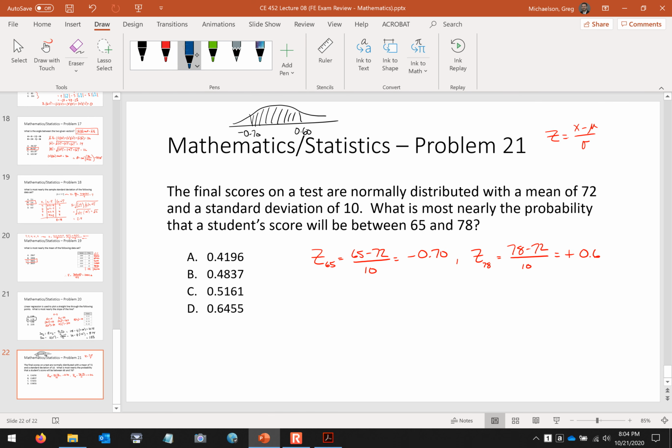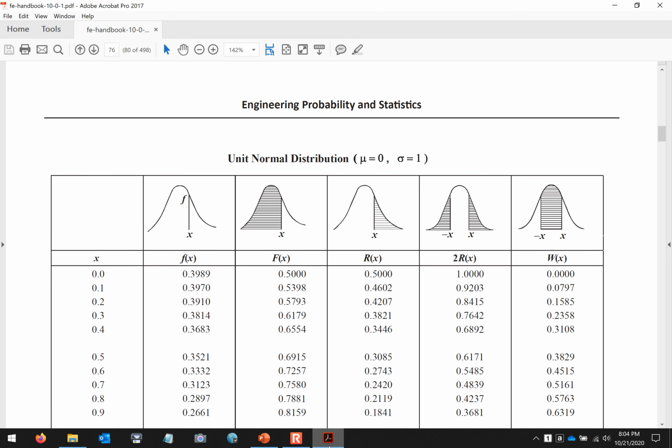What I propose is we look at what the manual gives us in terms of areas, and it gives us this function here and this function here. So what I propose is we use the F of x for the 0.7, and then we use the R of x for the 0.6, and if we take the difference of those, that'll give us the area.